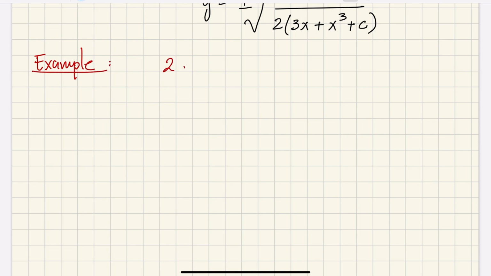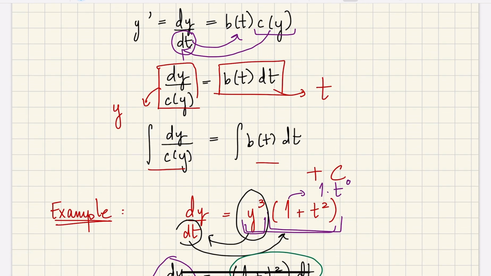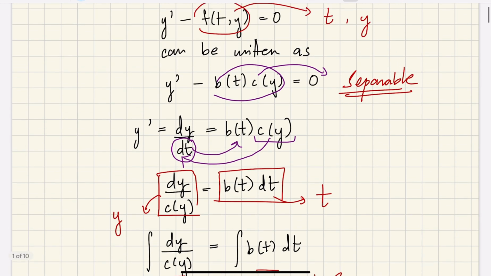Let's say we have 2 dy over dt plus y to the 4 times sine t is equal to 0. We have to play with this a little bit to bring it into the form that we were dealing with.